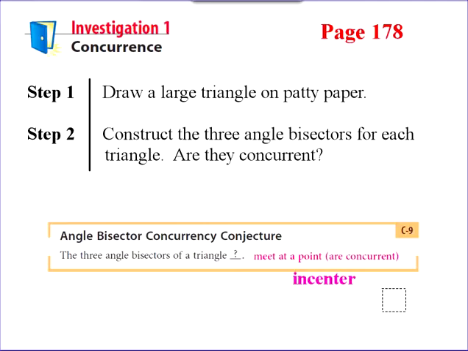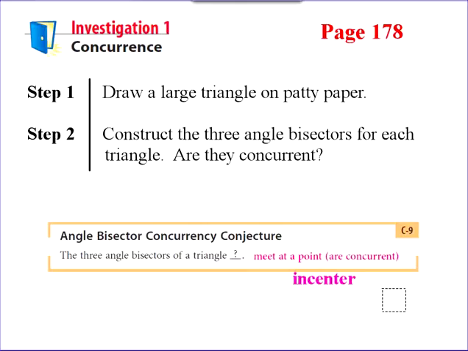If you're writing this down, you could write a definition: incenter, the point of concurrency of the three angle bisectors of a triangle. Now, you've got your patty paper there, and I would maybe write on there "incenter" where the point of intersection is.